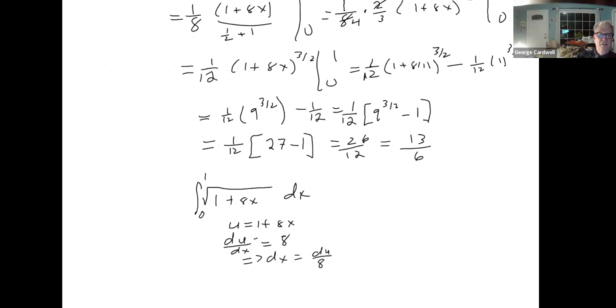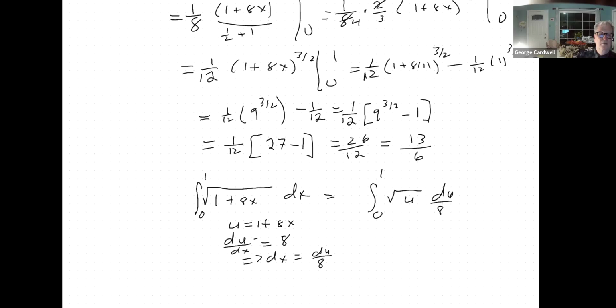So that means I can rewrite this integral from 0 to 1 of the square root of u du over 8. Right?